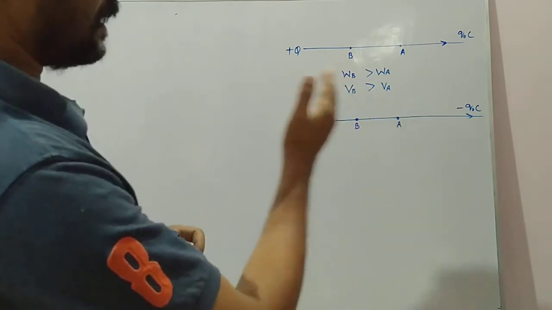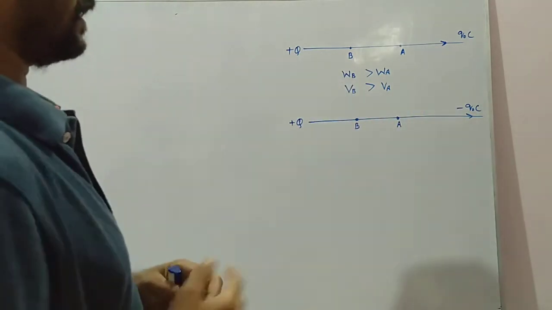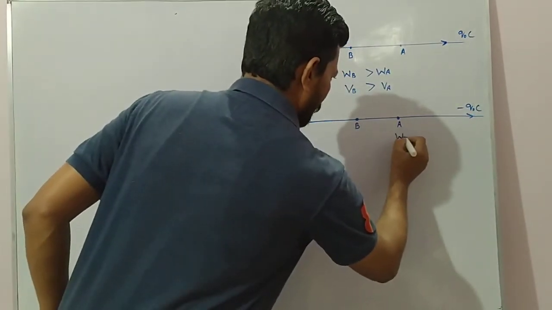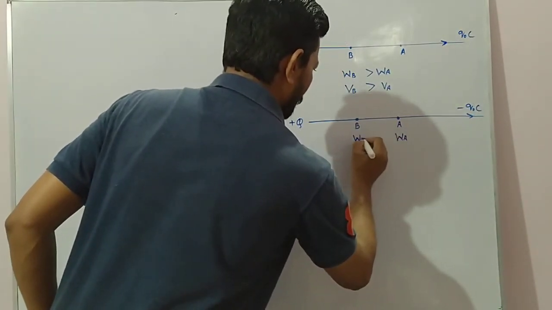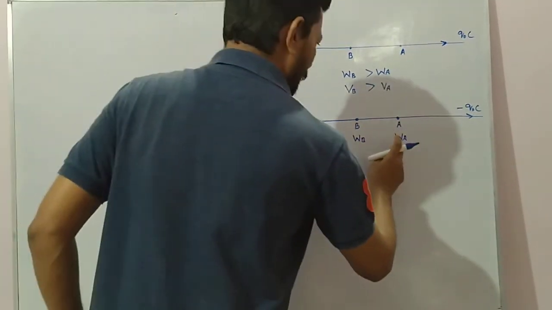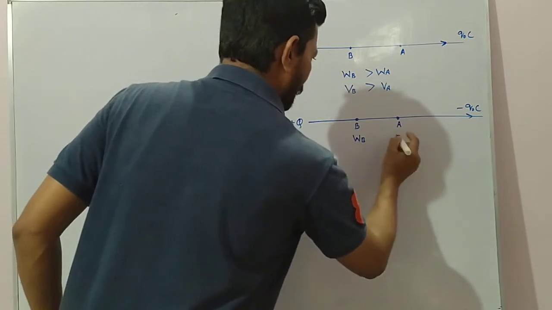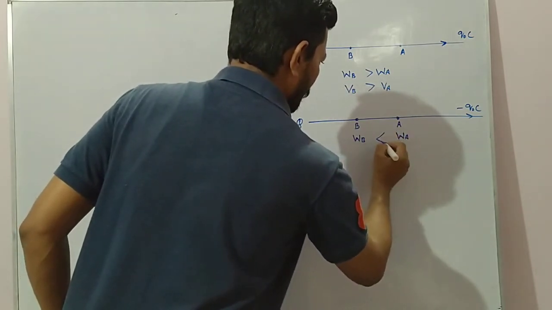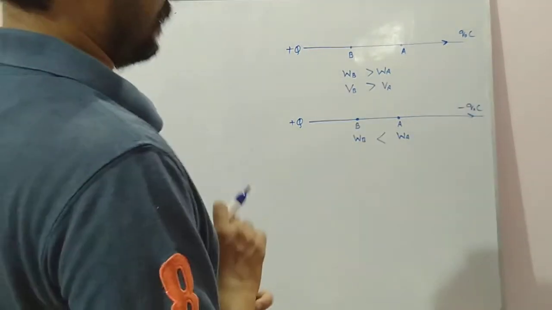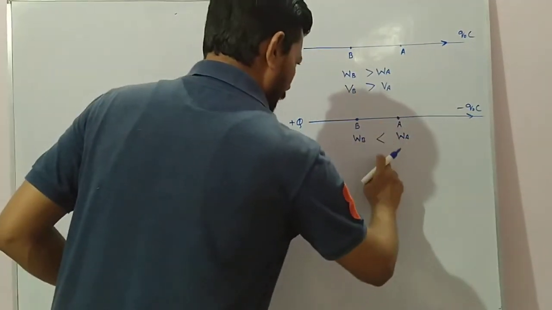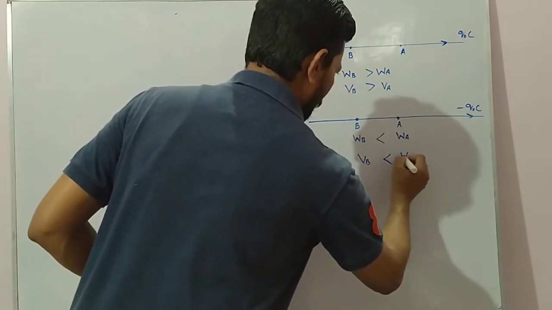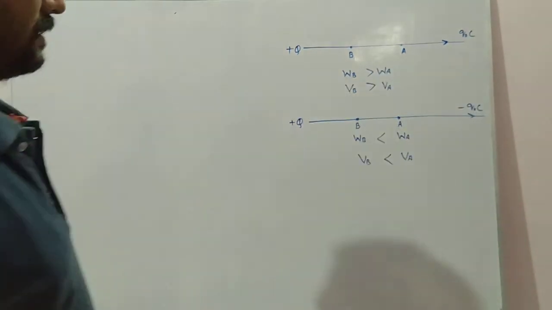So work done at A will be more than that at B. Work done means energy. The potential at B will be less than potential at A because energy is being released.